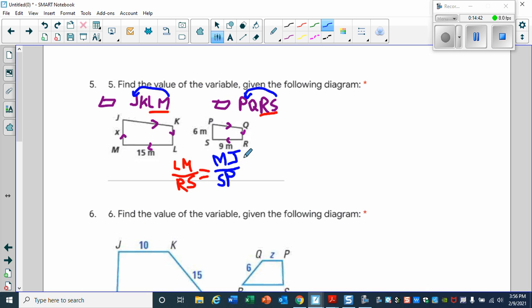Now there is more than one way we could have set this up. We could have set this up as LM over MJ, and that's equal to RS over SP. That's the other way you could have set that. So there's more than one way we could have set this one up.